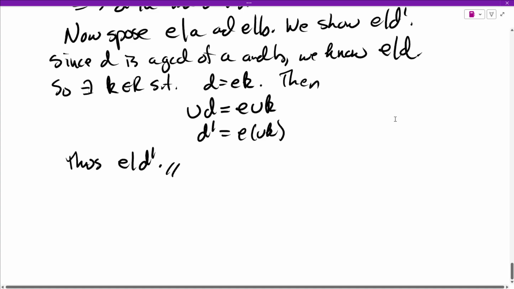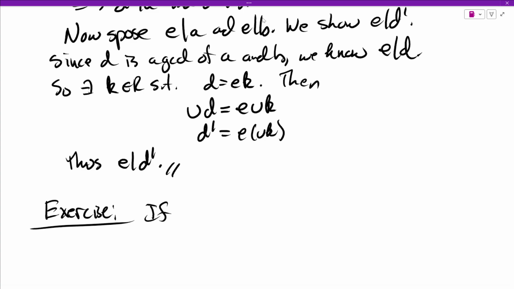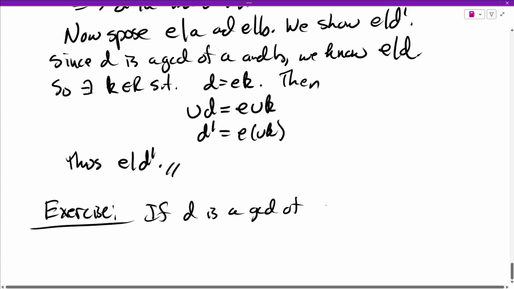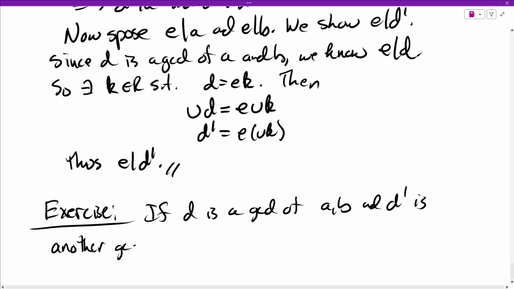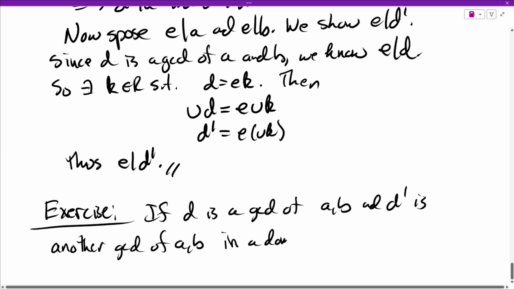and it's actually a fact that I'm going to have you prove. So exercise: if D is a GCD of A and B, and D prime is another, in a domain, then D and D prime are associates.